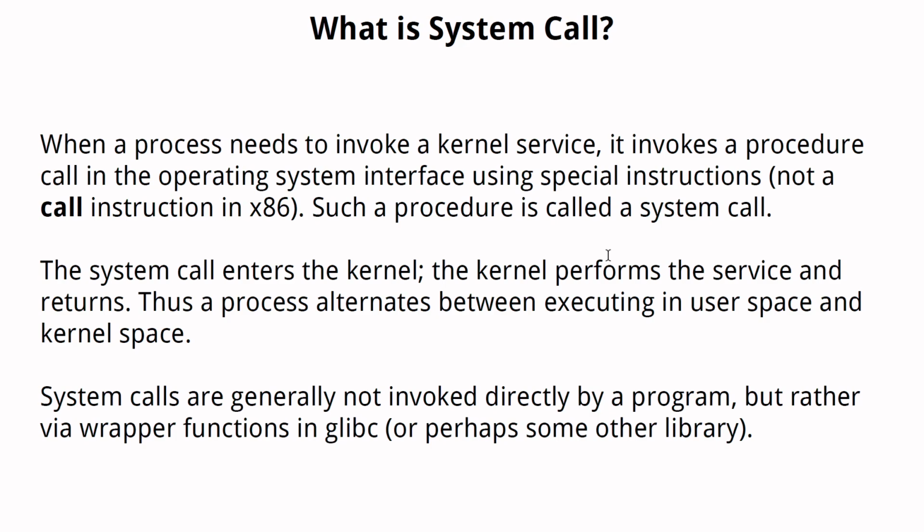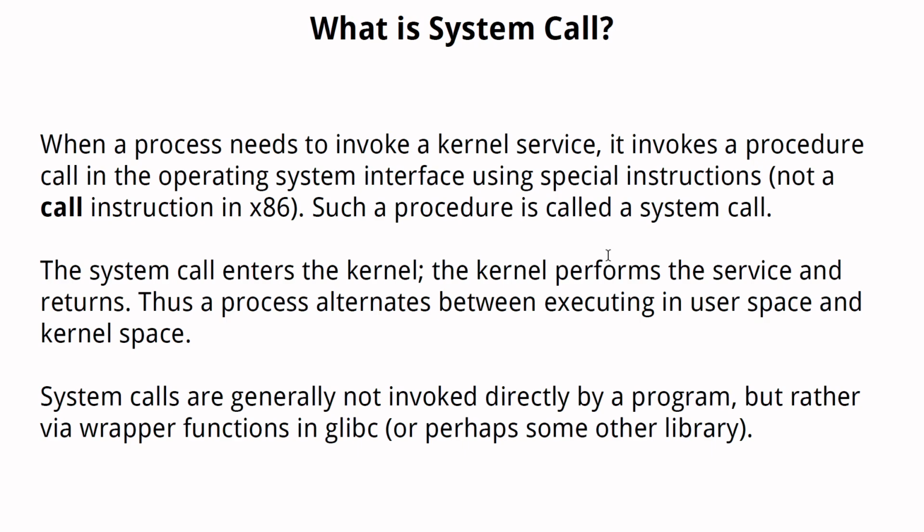And it is implemented using special instructions. In x86, we use the int instruction because we saw a little bit of the call instruction before. Call instruction is just for the programs to call each other in the user mode or in the kernel mode, but not across the boundary between user mode and the kernel.